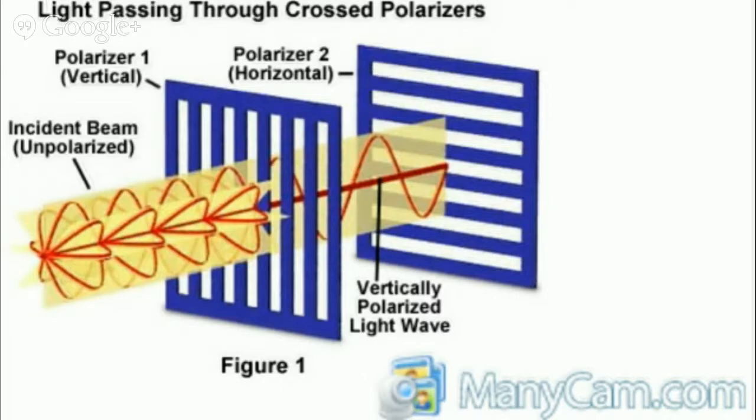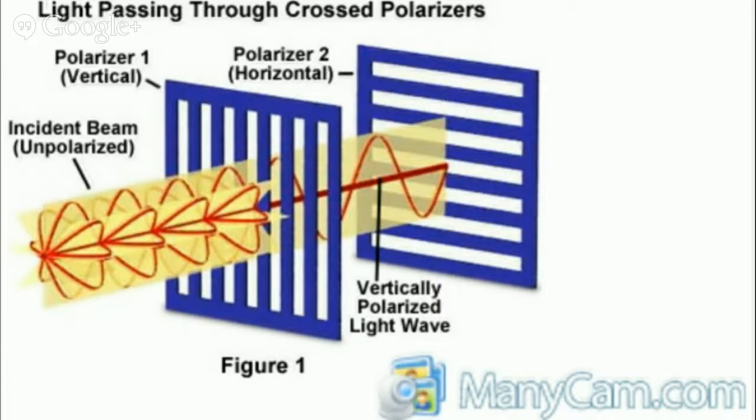What we can then do is pass it through a polarizing filter. Here we've got a polarizing filter, which is represented by these vertical slits. These slits aren't small enough to be producing any diffraction, so we're looking at these slits separate to the diffraction.